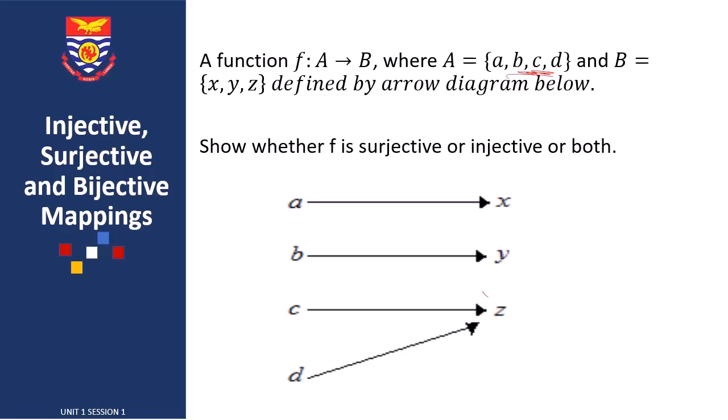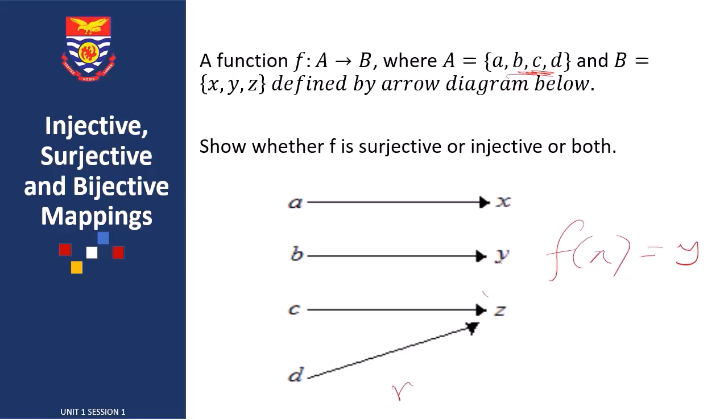Why? Since for each y being a member of x, y, z, there is a corresponding element in the domain a, b, c, d, such that f of x equals y. Then the range equals the codomain.